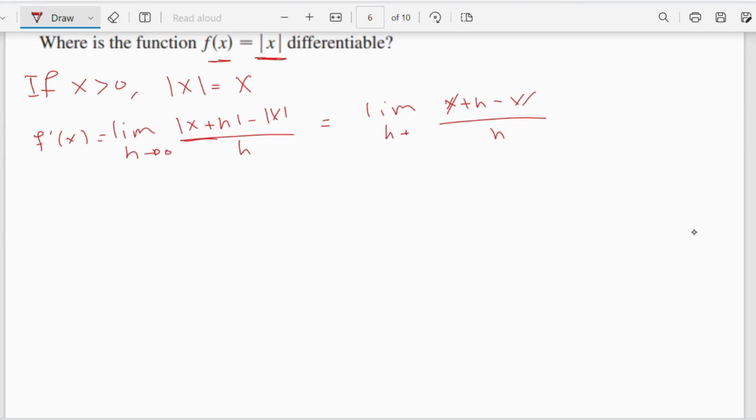This will delete this one and h goes to 0. So we will have the limit of h over h as h goes to 0, which is equal to 1.